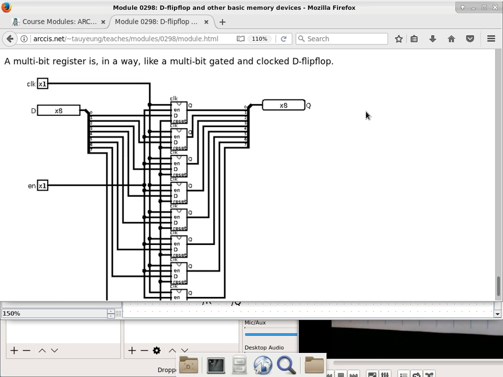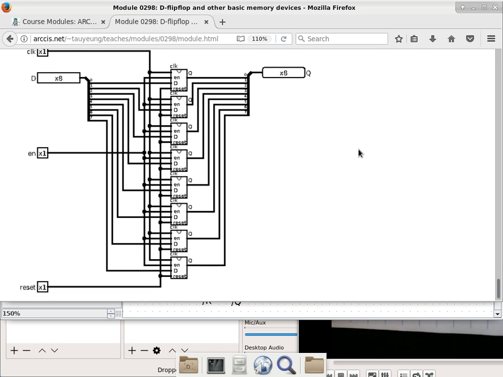This is basically the multi-bit version of a resettable, edge-sensitive, gated D flip-flop. We can use that term all semester long, or we can just call this an 8-bit register, which I think is a little bit easier. It can store 8-bit content.